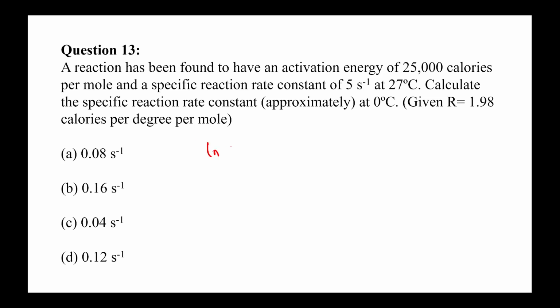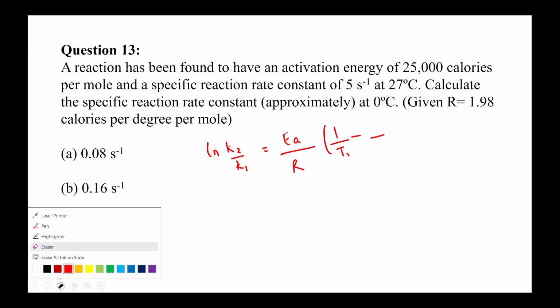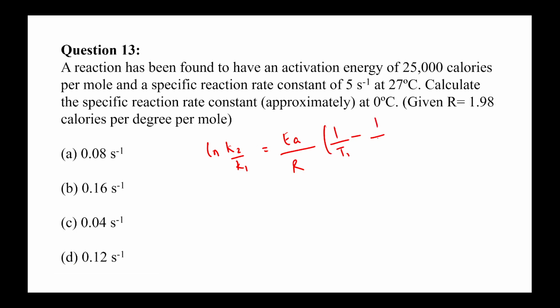The formula is log K2 upon K1 is equal to activation energy divided by R, R is the gas constant, multiplied by 1 by T1 minus 1 by T2. Okay, so this is the formula.